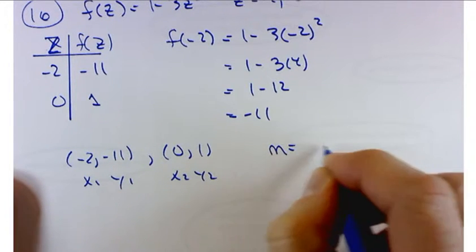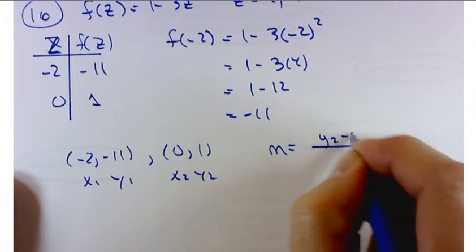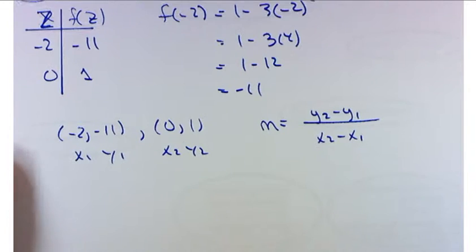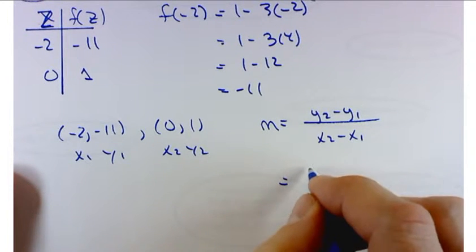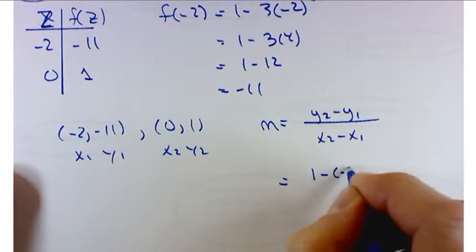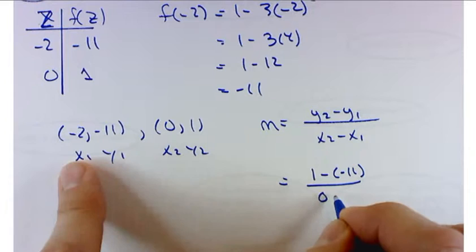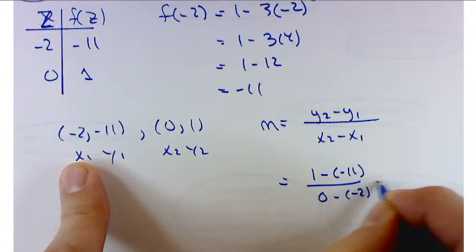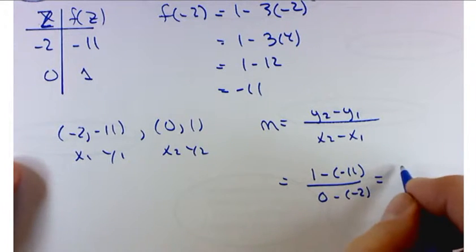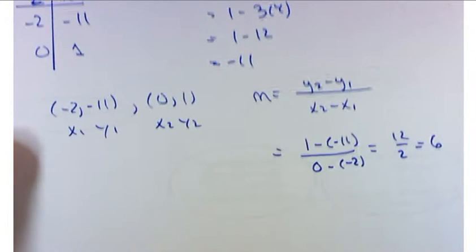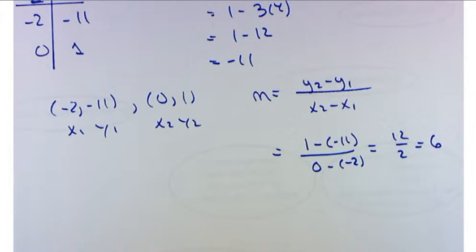The slope of a line is just the difference in the y coordinates divided by the difference in the x coordinates. In this case, 1 minus negative 11 over 0 minus negative 2. So I get 12 over 2, which is 6, the average rate of change of the function.